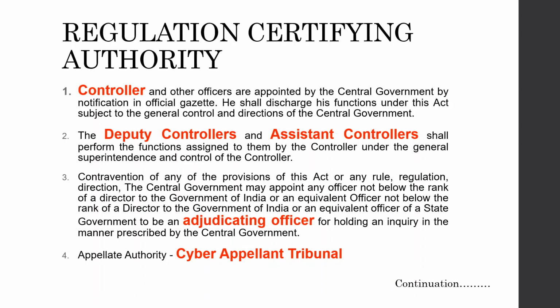That adjudicating officer will hold an inquiry in the manner prescribed by the central government. Now they constitute a tribunal, the Cyber Appellate Tribunal. If any person is aggrieved with the order of the adjudicating officer and not satisfied with it, they can appeal before the Cyber Appellate Tribunal.